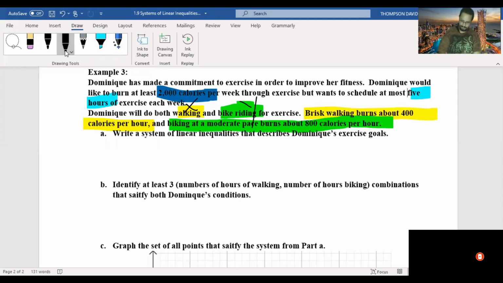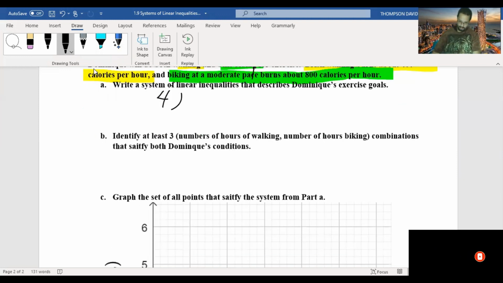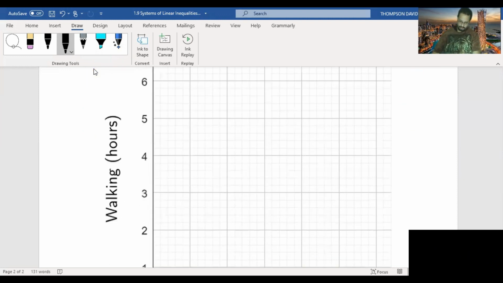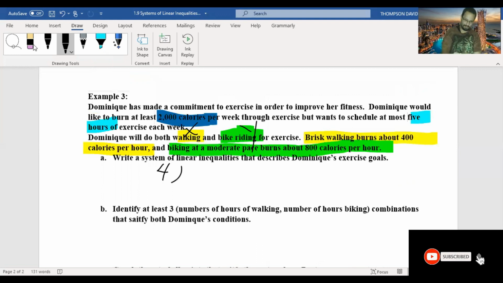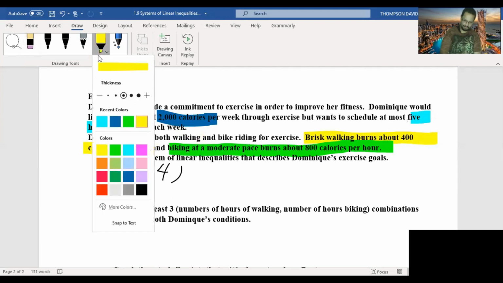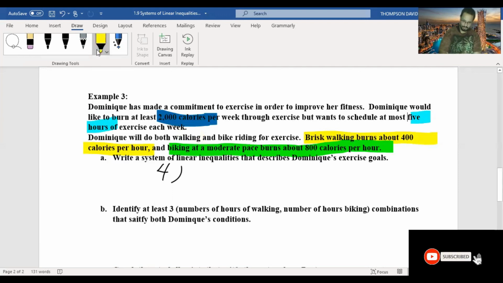So let's first deal with the calories. Sorry, we got it backwards. Let's do y and x. We'll still use the same coloring scheme. Walking will be on the y-axis, bike riding will be on the x.